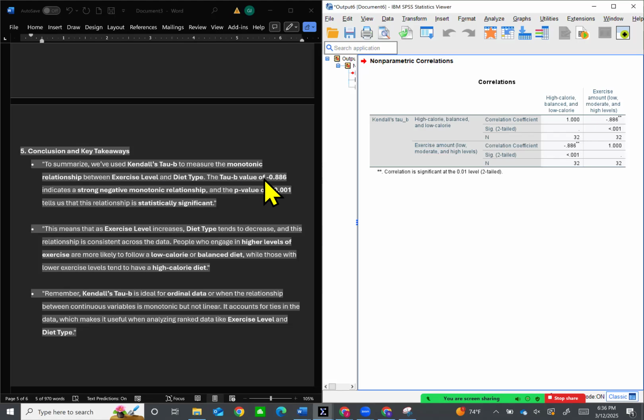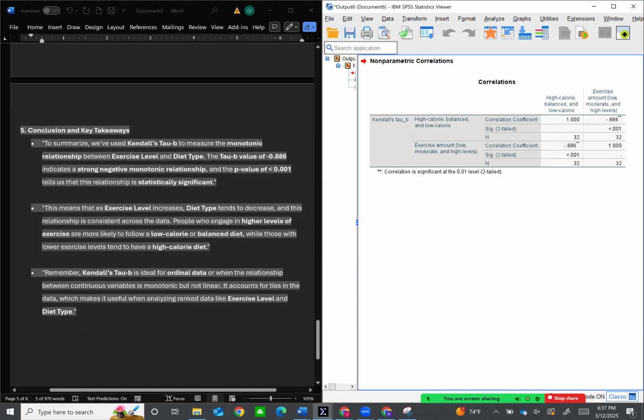Our tau b value was negative 0.886, a strong negative monotonic relationship, and the p-value less than 0.001. So definitely statistically significant. All we needed was less than 0.05 to reach that level of statistical significance.